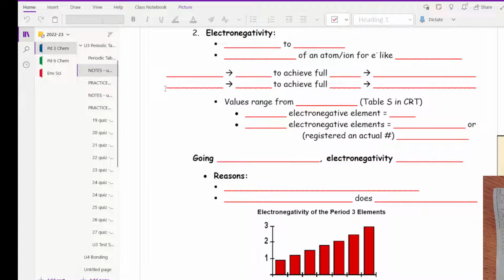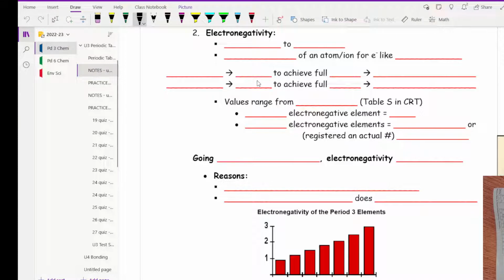And the best way to describe what electronegativity is, is the desire to gain an electron. So it's the desire, even though it's sort of like giving atoms the properties of humans, they don't really have desire, but it's that force that pulls electrons.